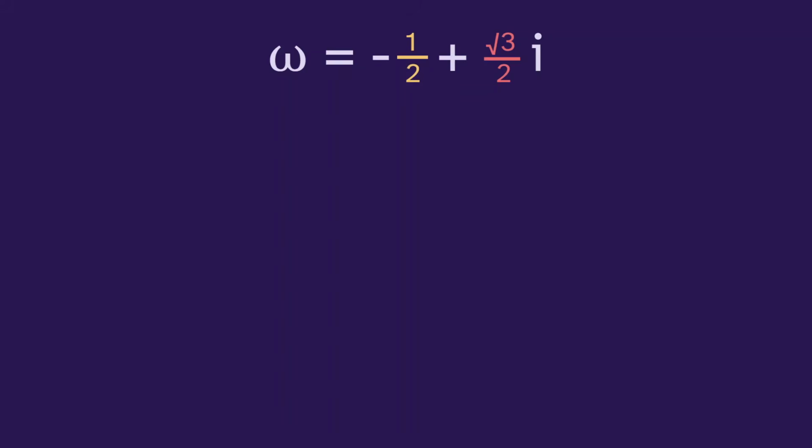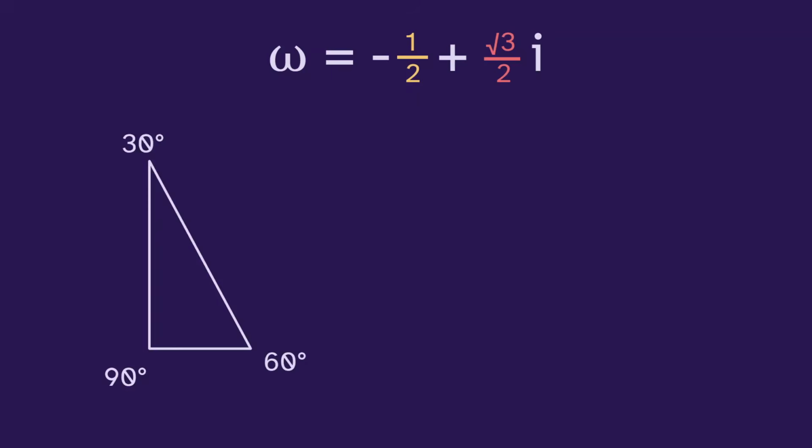And these may look familiar, 1/2 and √3/2. You may remember them from trigonometry. A 30, 60, 90 triangle has side lengths 1/2, √3/2, and 1, or something similar.